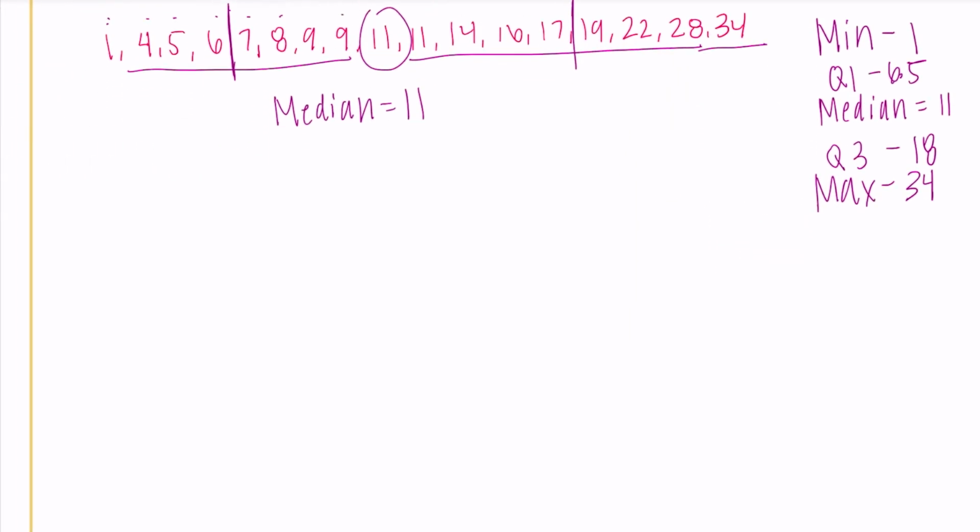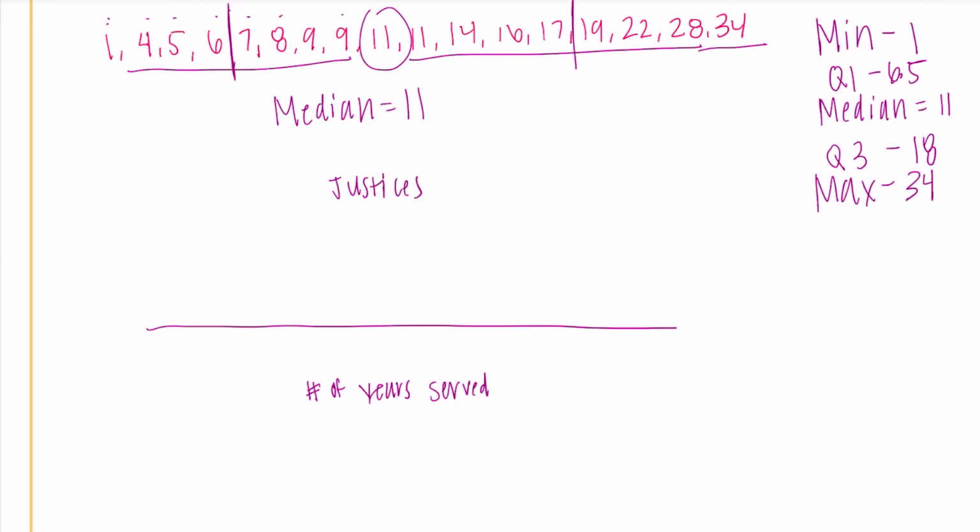So let's make our box plot. So let's say number of years served. I'm just going to call it justices. Okay, our minimum was 1 and our max was 34. So let's go from 0 to 35. I'll count by 5s.